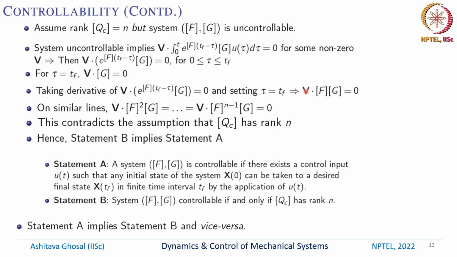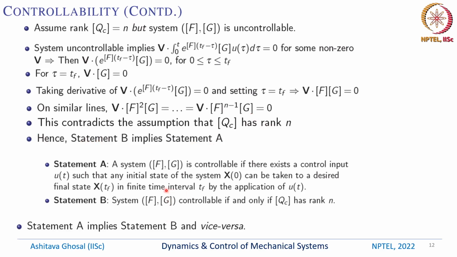The solution x of t dot V is equal to 0, which basically contradicts the assumption that QC has rank n. So we started by assuming QC has rank n but the system is uncontrollable, and I showed you this contradicts that assumption. So hence statement B implies statement A.